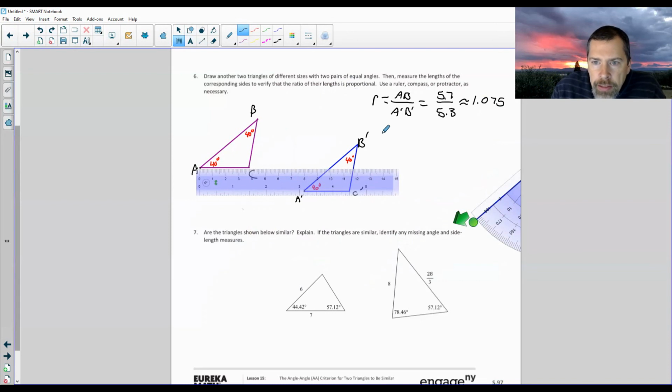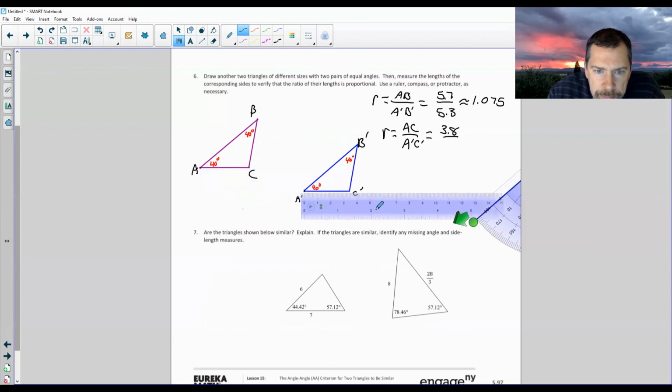So then my R has to equal AC divided by A prime C prime, which equals 3.8 divided by 3.4, something like that, roughly. 3.8 divided by 3.4 equals 1.117.